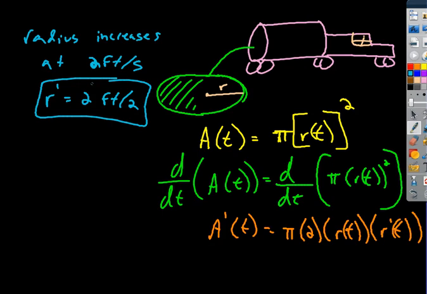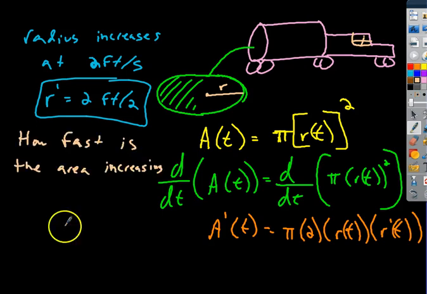What they also told me was, they asked me how fast is the area increasing? That's the rate of change of the area. So that's A prime. So I'm looking for A prime, and that's what I don't know.